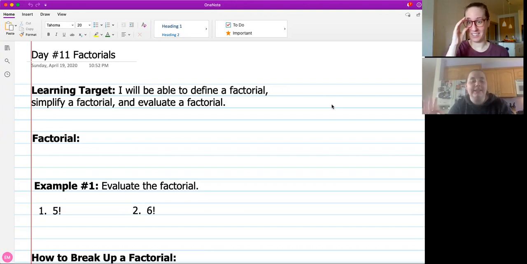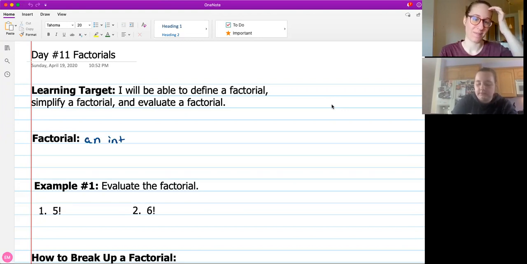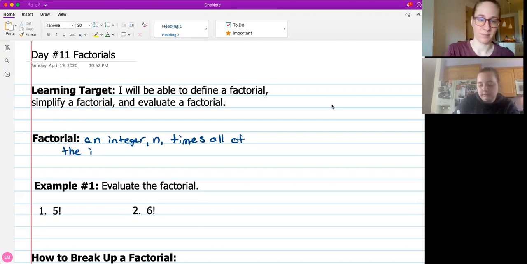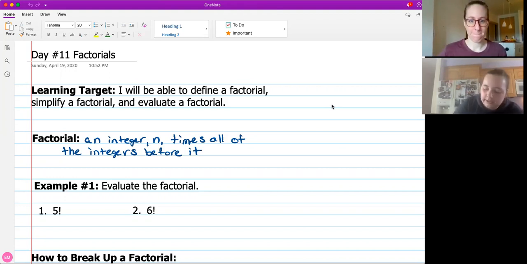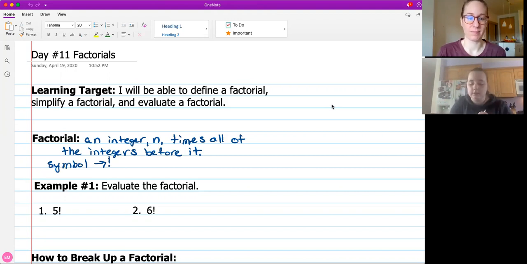Okay, so an n factorial is an integer n times all of the integers that come before it. And the symbol for a factorial is an exclamation point, which I know doesn't look like a math symbol, but surprise, it is.